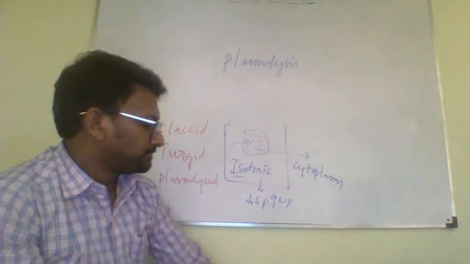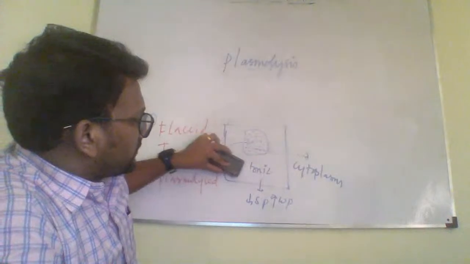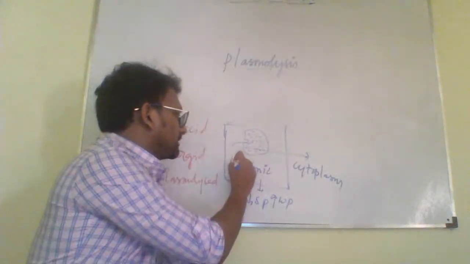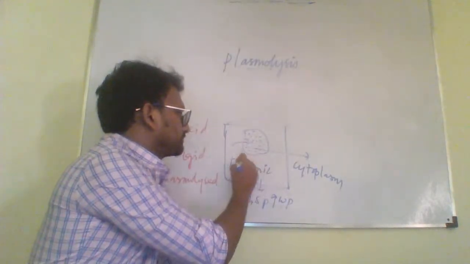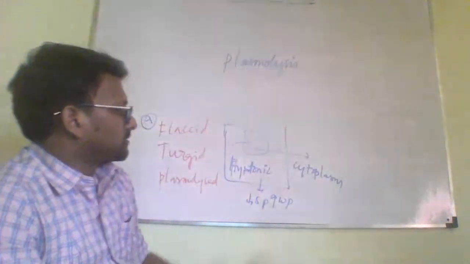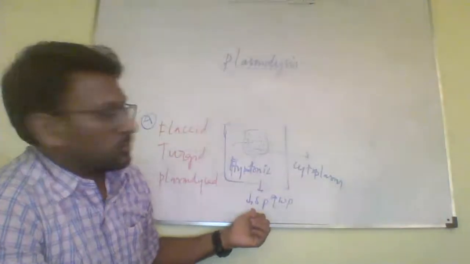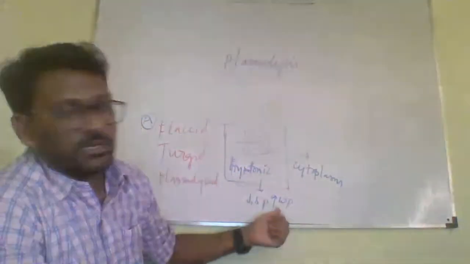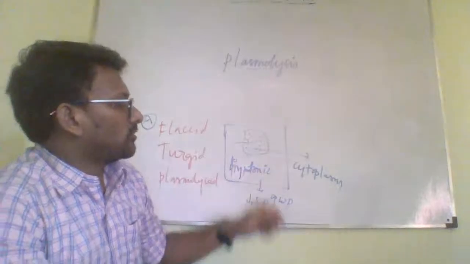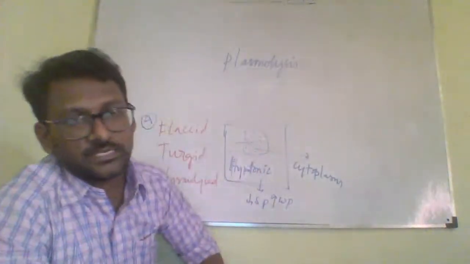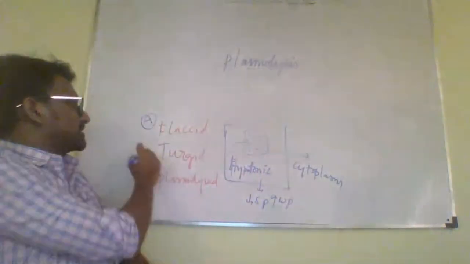But when will this take place? During hypotonic solution. With lower solute particles and higher water potential outside, the water molecules tend to move inside the cell and make it turgid.